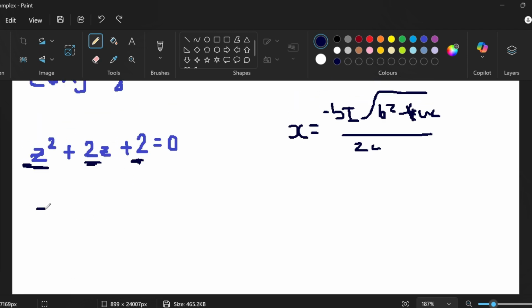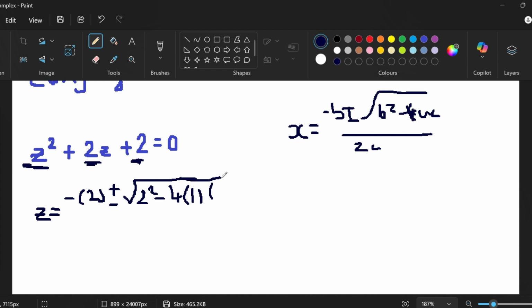To find the roots of this equation, I'm going to write this out. So minus b, where b is the coefficient of x, so minus 2 plus or minus the square root of 2 squared minus 4, where a is 1 and c is 2, divided by 2.